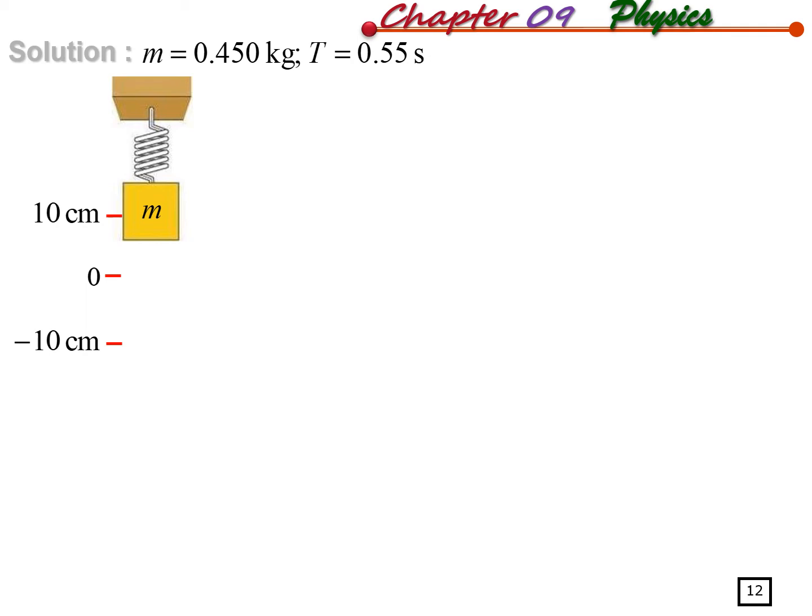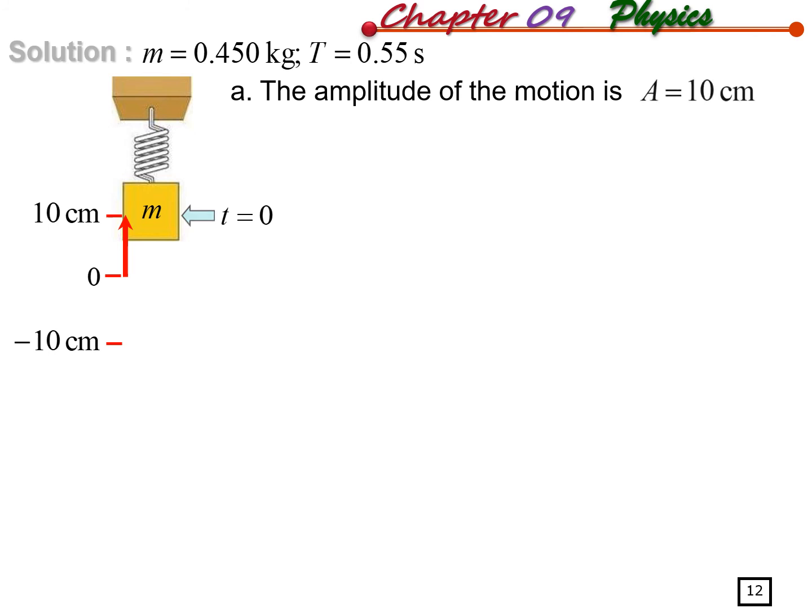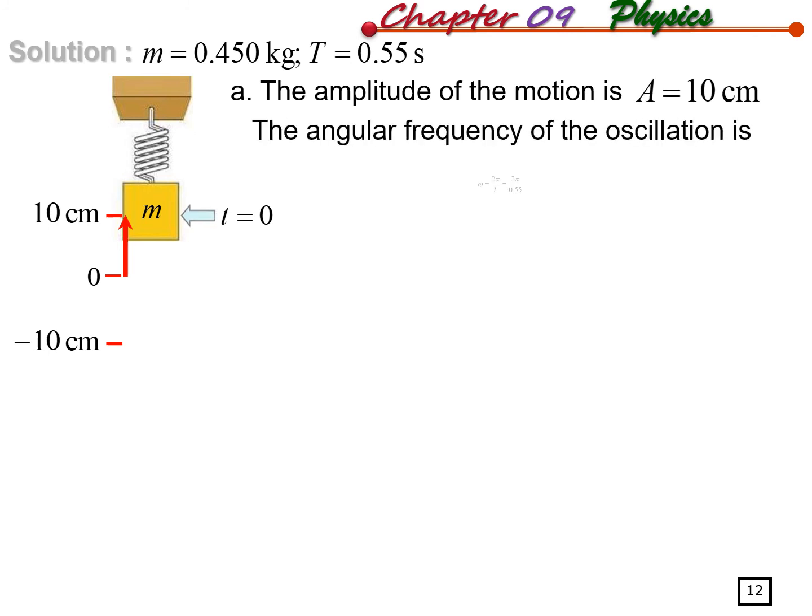So you start with the positive amplitude of 10 cm when time is given 0. So that means for this case you will have an initial phase, that means your graph will not start from 0. So amplitude is given as 10.